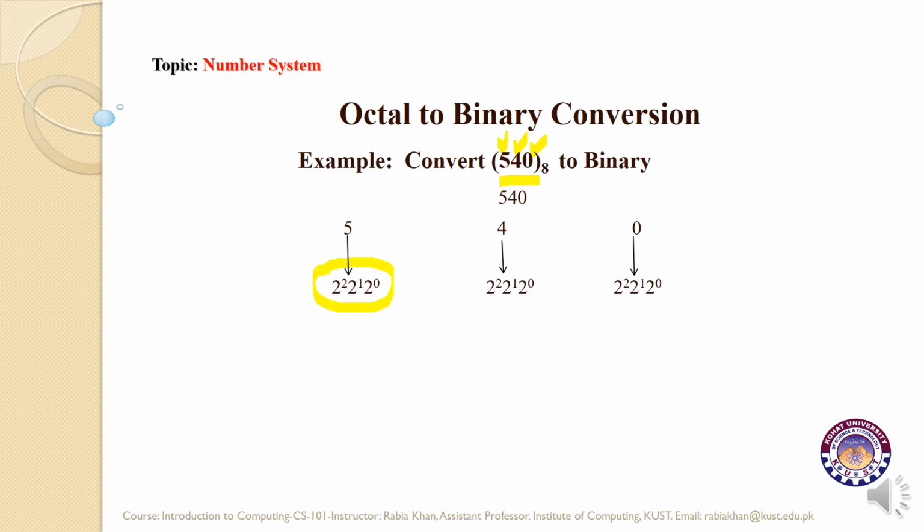You cannot directly write 2 three times. You have to generate powers of 2 in a group of 3. So we write 2 three times, but every 2 carries a power. The first 2 carries power 0, as you know the power starts from 0. The second 2 carries power 1, and the third 2 carries power 2.